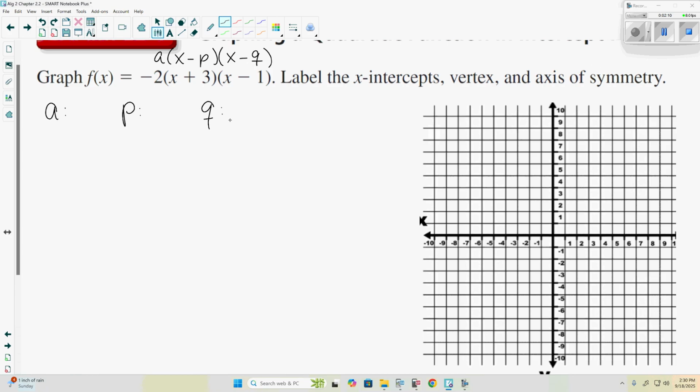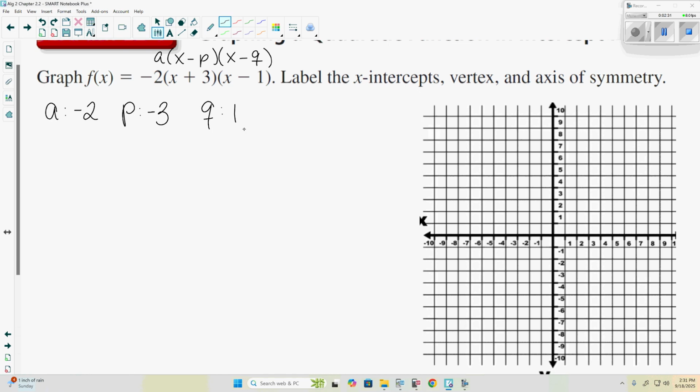The first thing we need to find in this is the values of a, p, and q. Looking at this, what's the value of a? -2. Yes. What's the value of p? -3. -3, and q is?